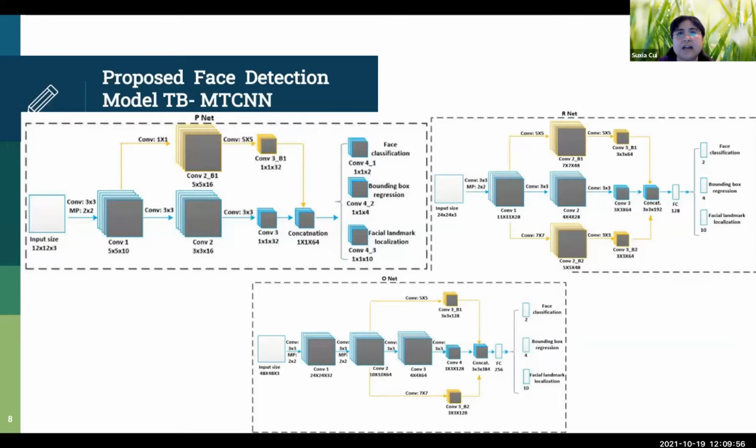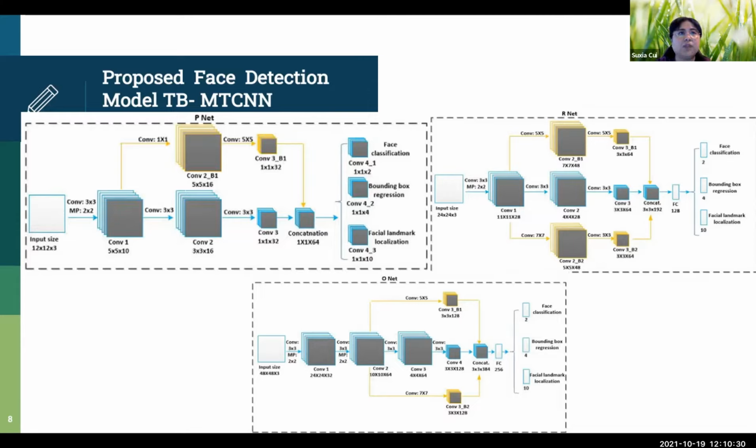Extra branches are added to the convolution. As you can see, the basic branches are marked with blue, but on top of that we also add branches for convolution using 5x5 and 7x7 filters that diversify the feature selection, which will improve the performance over only the 3x3 size filter provided by the original MTCNN.